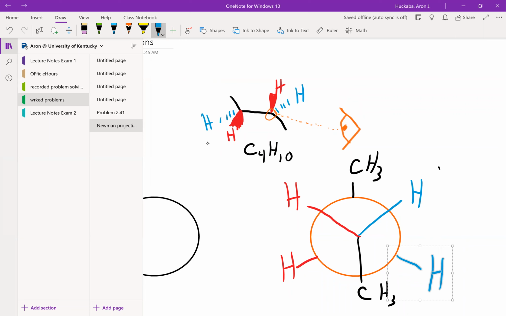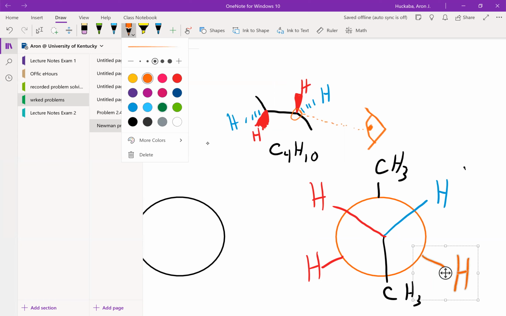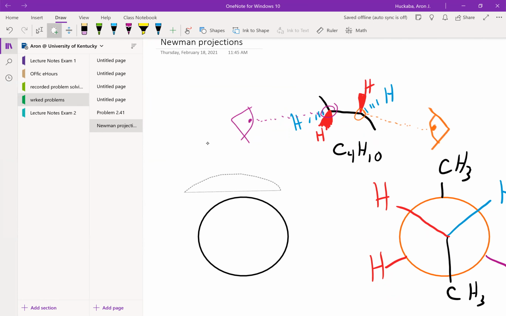However, there's another carbon that we could look at as a Newman projection, right? Let's say instead we look at this carbon. And now when we look at this carbon from this side, we might have a different set of circumstances, right? Because now, the dash hydrogen is going to be on the left.